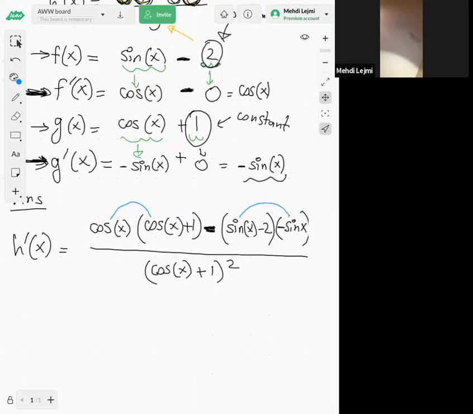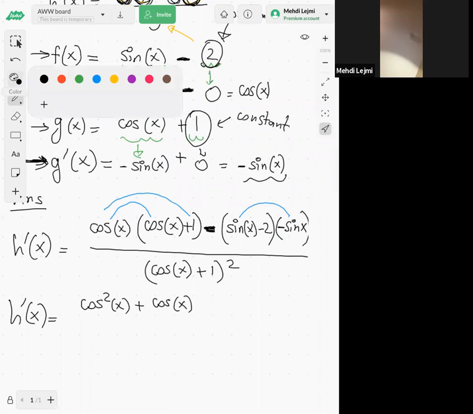So yeah, you have to try to simplify your derivative. So like here, h prime of x. If you distribute this cosine of x times cosine of x, and then cosine of x times 1, that will be cosine square of x plus cosine of x times 1. That's cosine of x.